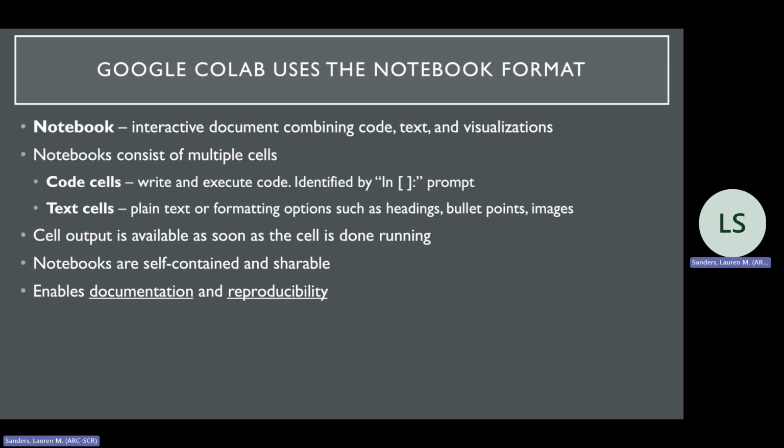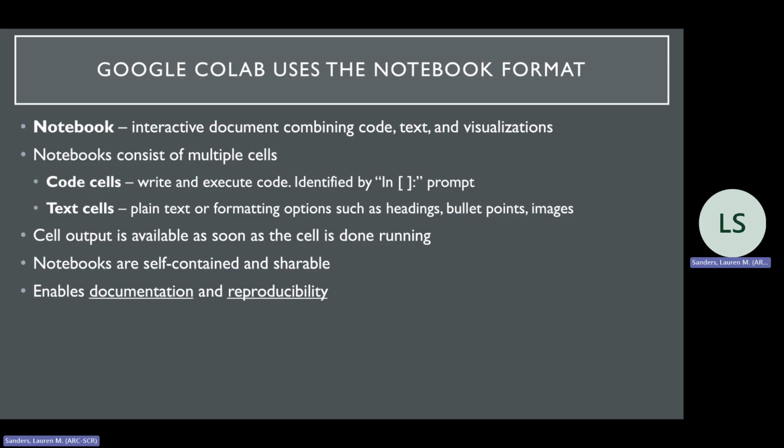So what you can do is you can write some code into a code cell, you can execute it to see the output, and then you could add a text cell underneath, kind of describing or explaining or adding notes about what you're seeing. The great thing is that the cell output is available as soon as the cell is done running. And these notebooks are self-contained and shareable.